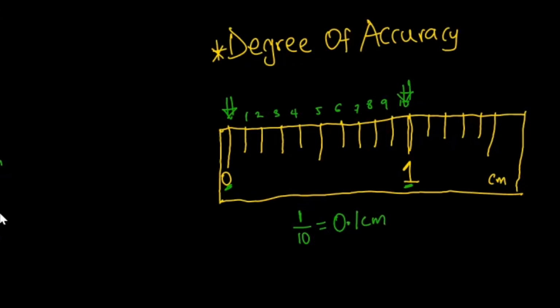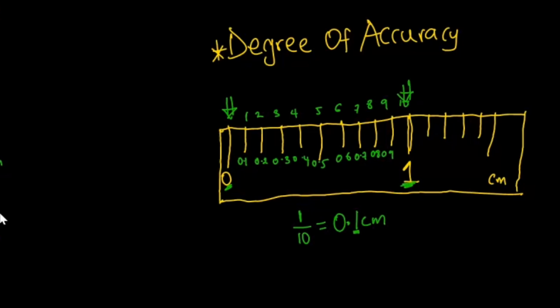So it means that the least we can measure on a meter rule is to the nearest 1 decimal place in centimeter. So this is 0, this is 0.1, this is 0.2, 0.3, 0.4, 0.5, 0.6, 0.7, 0.8, 0.9, and finally 1.